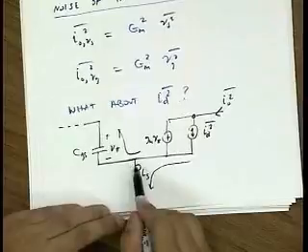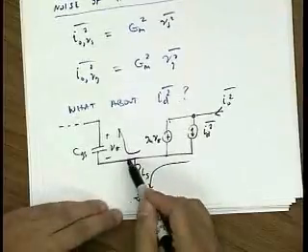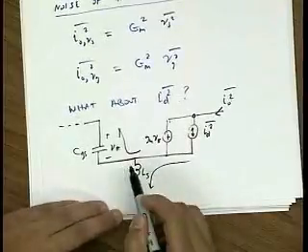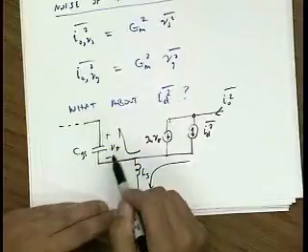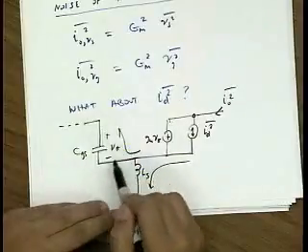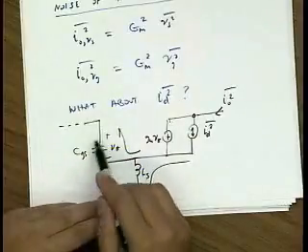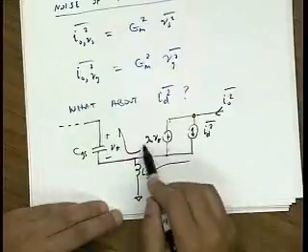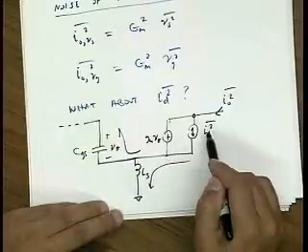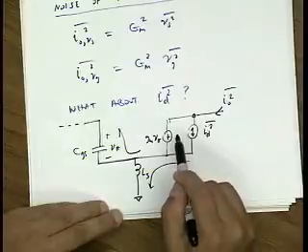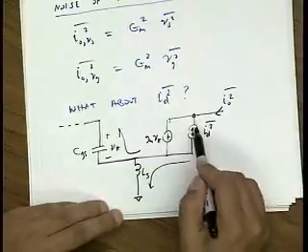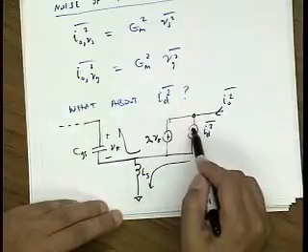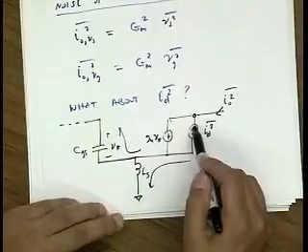There's a current divider. The division depends on the impedance seen in this branch relative to this branch. So the part that goes through here generates a voltage, which activates VGS, which activates this transconductance, which generates a noise. Now at this point it's not clear if that noise is going to be in phase or out of phase with this original current.